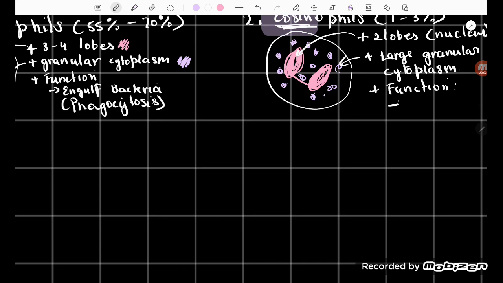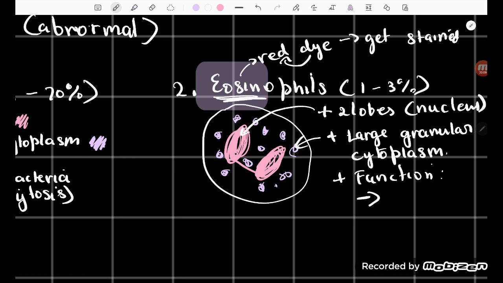The function of eosinophils is mainly associated with allergies. It also engulfs bacteria, but allergies are one of the main functions, and I wouldn't recommend reading the other functions because you might get confused.